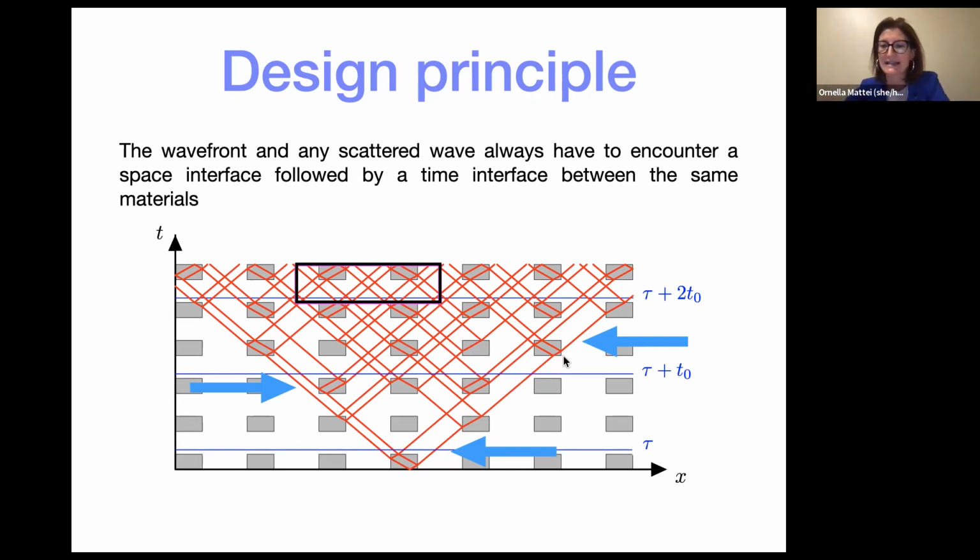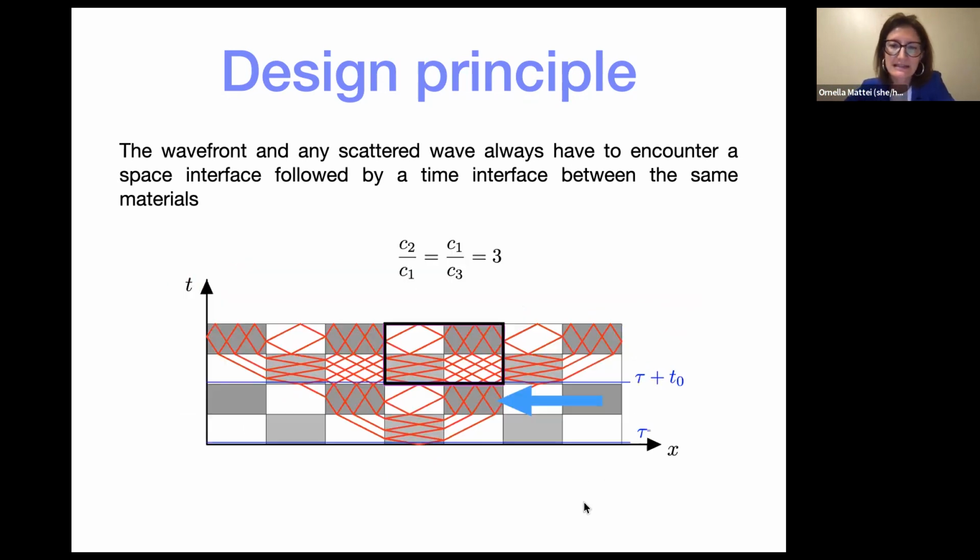But the reason is that if you look at where the arrows are, we have some characteristic lines. In this case, I'm just looking at the wavefront that goes from a space interface to another space interface. So they violate this design principle, for which a wave exiting a space interface should enter a time interface in order to maintain the amplitude finite. So that's why this design does not work for our purpose.